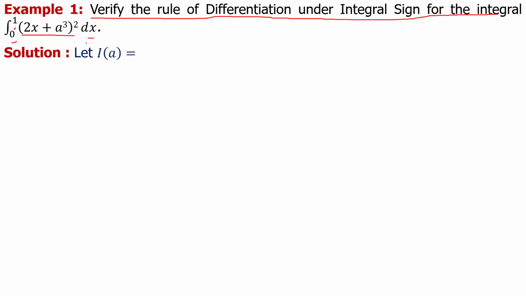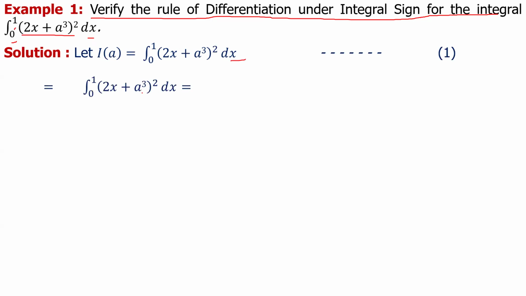So let I of a be equal to the integration of (2x plus a cube) whole squared under the limit 0 to 1 with respect to x. Let us first try to integrate it. The integration of (2x plus a cube) to the power 2: we consider this total term as x.